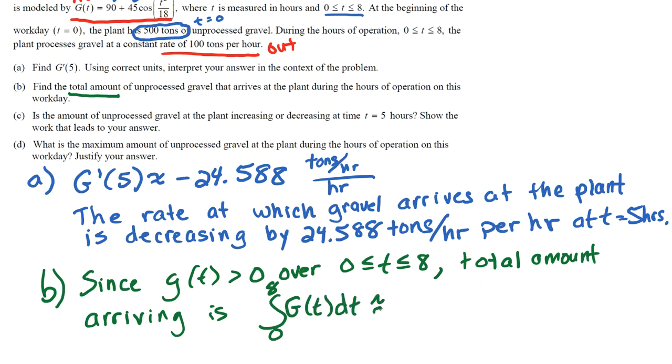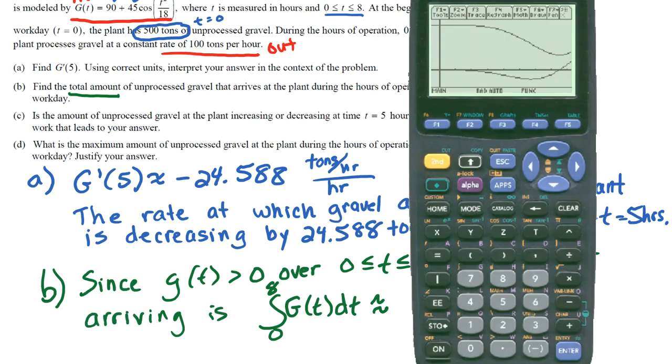And we're going to calculate that. So go to your calculator again, and home screen probably, and then find your integral. So we're going to integrate, and here we're using y1 of x with respect to x from 0 through 8.